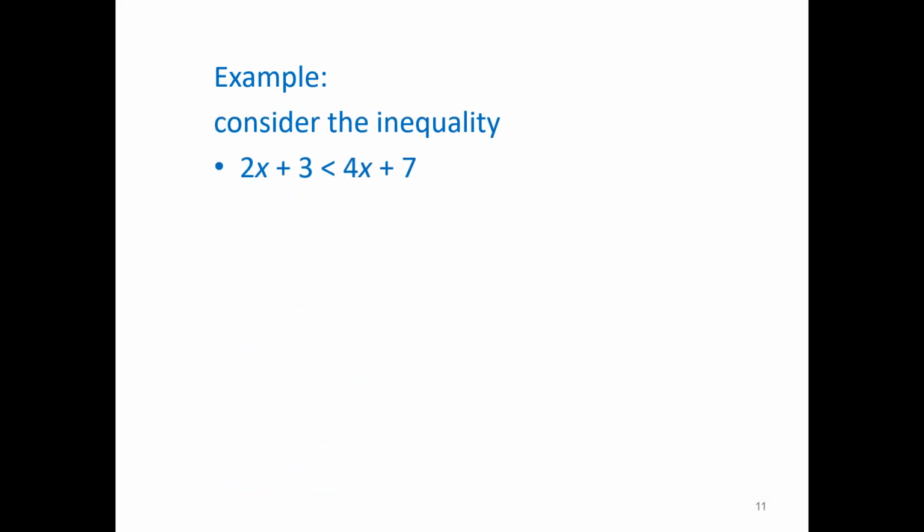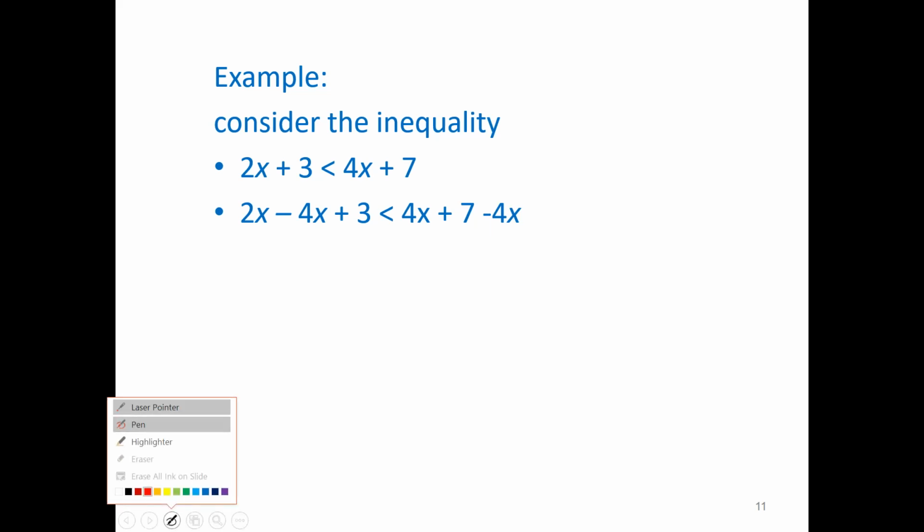Consider the following inequality: 2x plus 3 less than 4x plus 7. So we want to solve it, meaning we need to find the value or values of x that will satisfy this inequality.